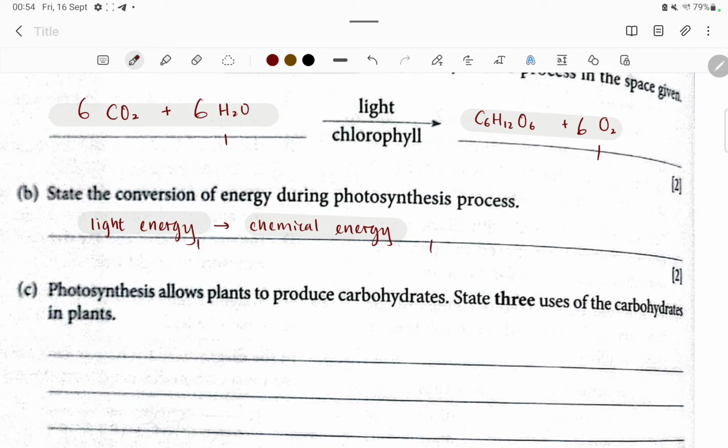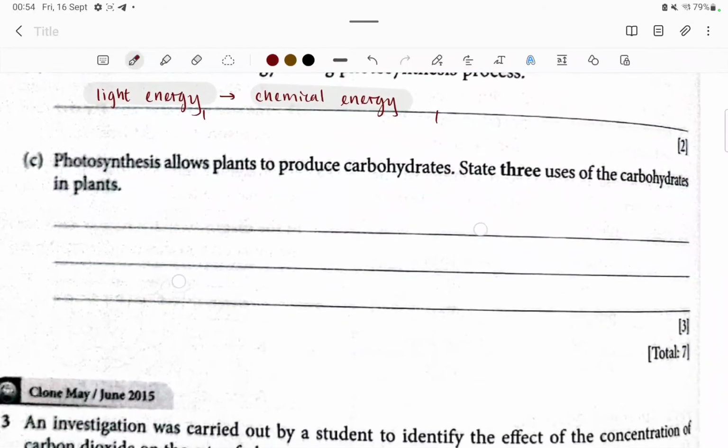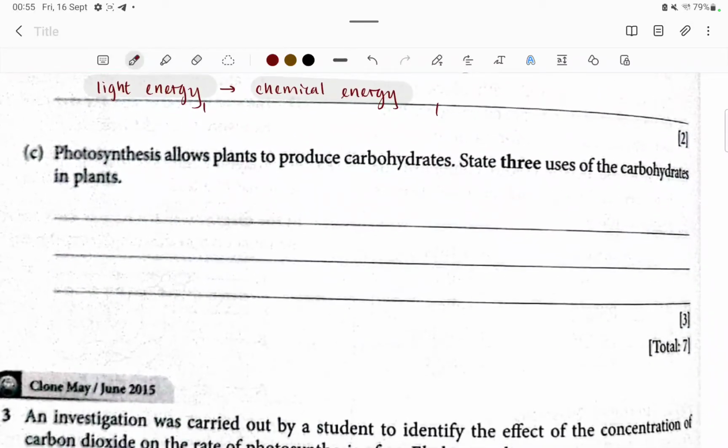Okay, let's look at C. Photosynthesis allows plants to produce carbohydrates. Okay, state 3 uses of carbohydrates in plants. So this one, we actually can give more than 3. But let's see first. So this one we straight away use glucose.